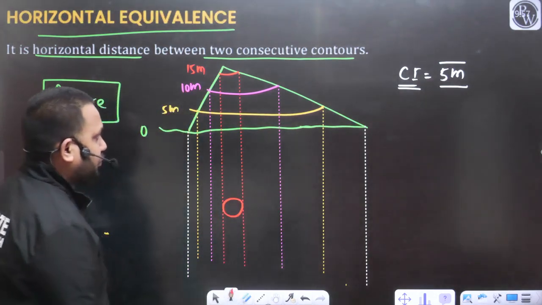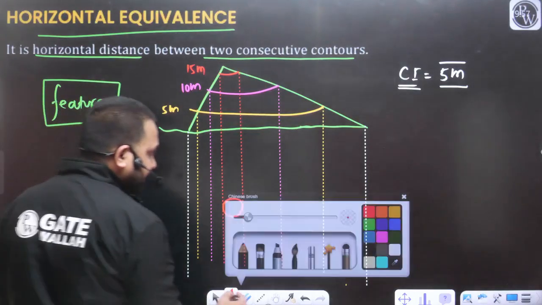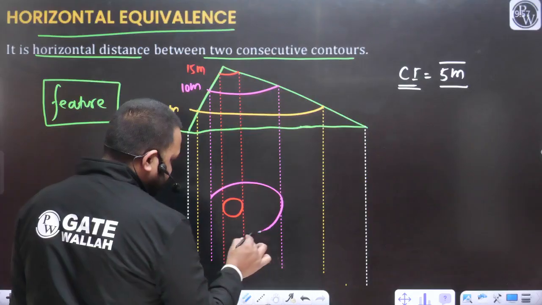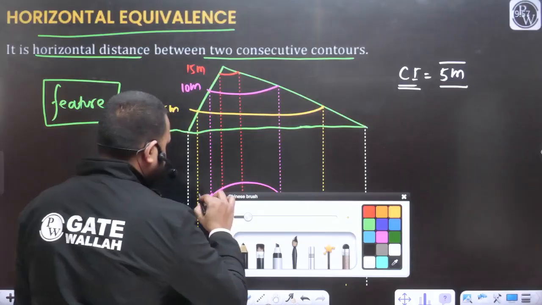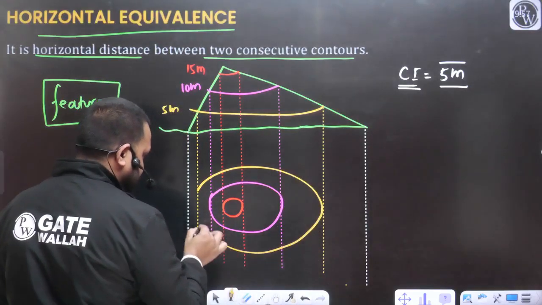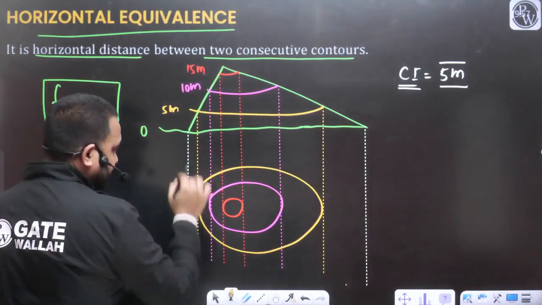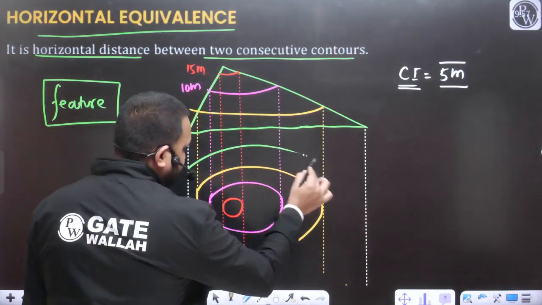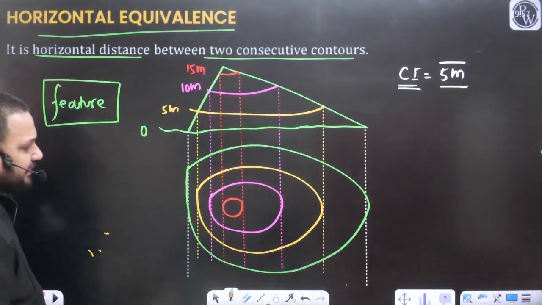This red one is the contour of 15 meter. Now I can locate this pink contour of elevation 10 meter, something like this. Now I can locate this yellow line on the map. Similarly, at the end we can represent this green line. So I will get the contour map something like this, yes or no?